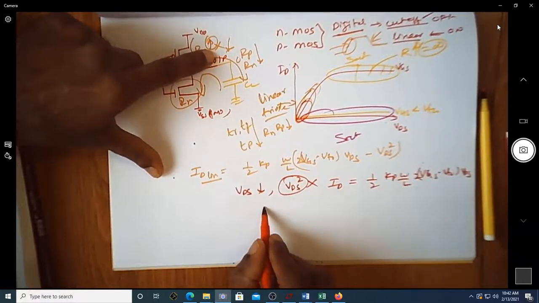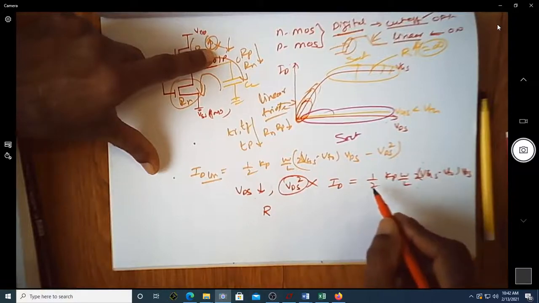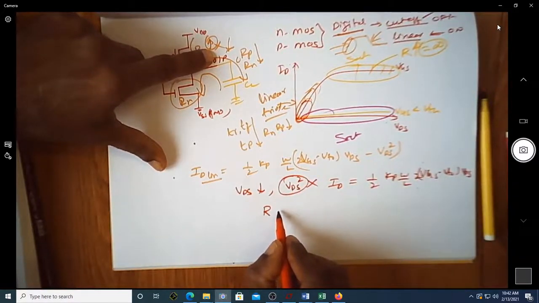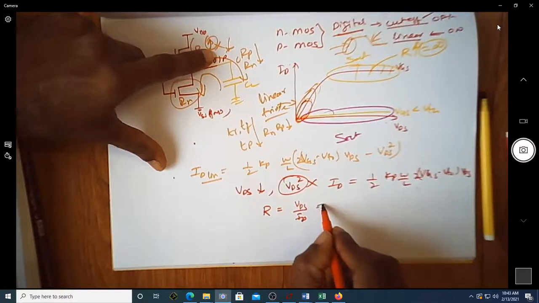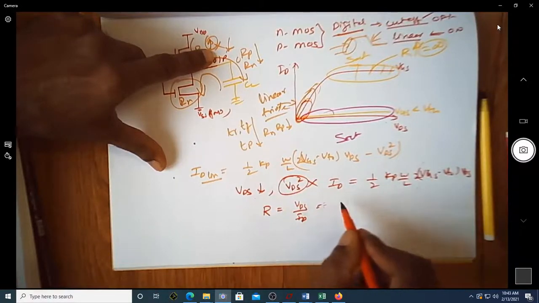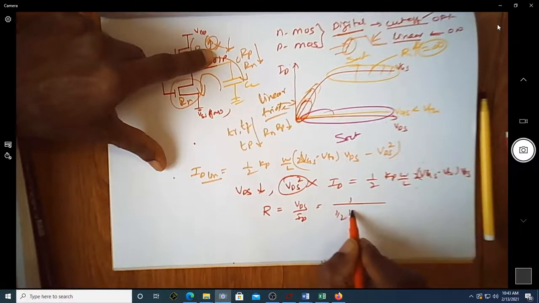We know the resistance, whether it is for NMOS or PMOS, has almost the same expression except for the sign. So resistance is given by VDS by ID. Using this expression, R is equal to VDS over half Kp W by L times 2 VGS minus VTO.